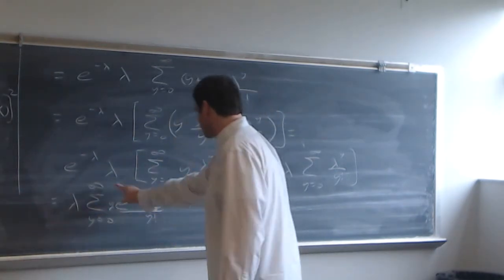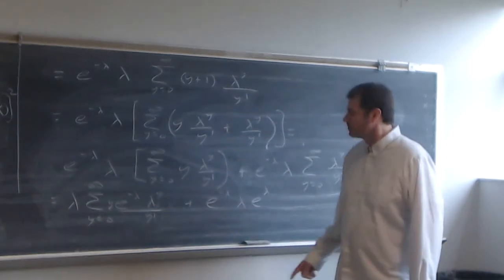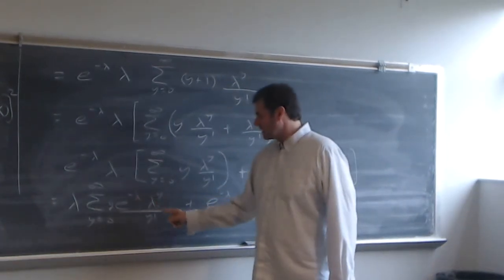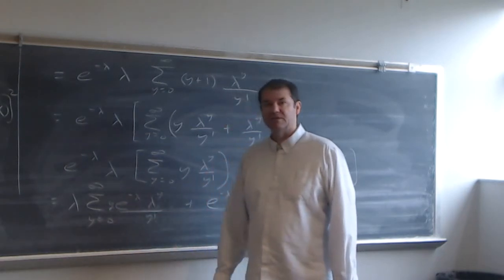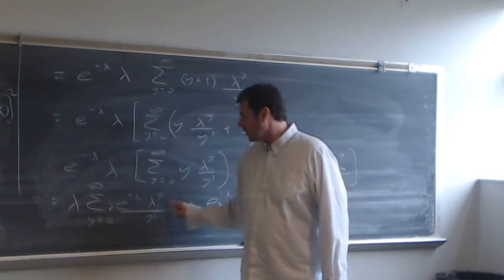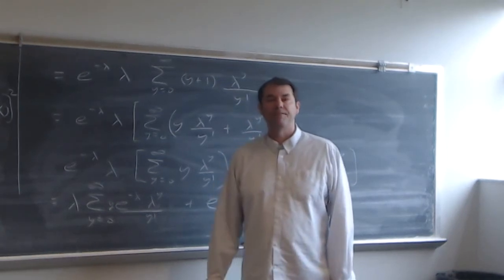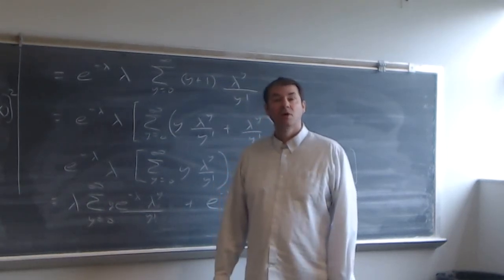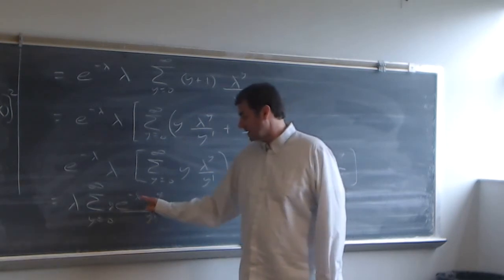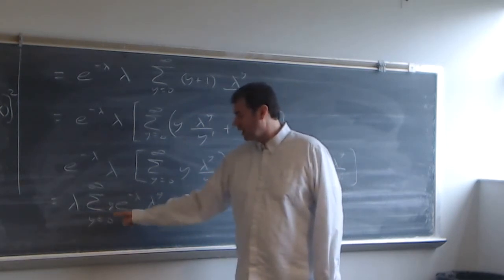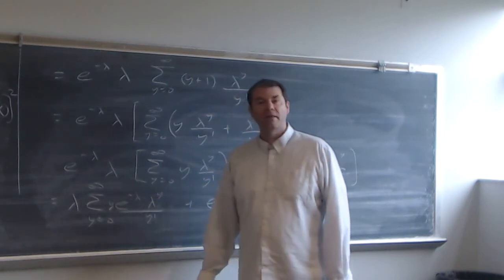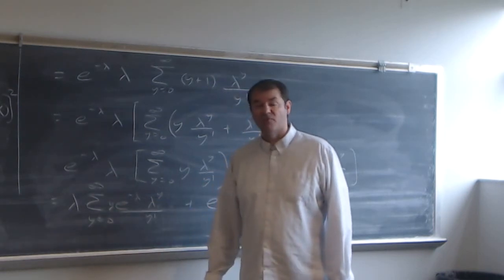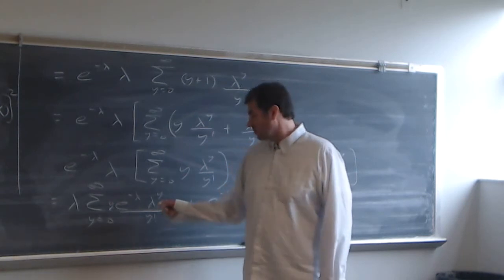Now this first sum that we have involves e to the minus lambda, lambda to the y over y factorial, as y runs from 0 to infinity. That part right there is nothing more than the PMF of a Poisson random variable with parameter lambda. So as you sum it up as y runs from 0 to infinity, and you multiply it by y, that's nothing more than the expected value of a Poisson random variable with parameter lambda.